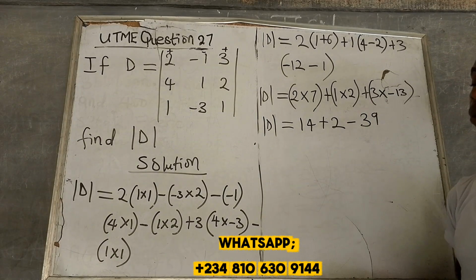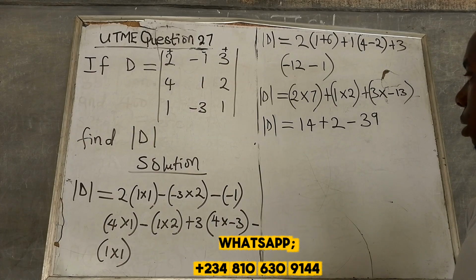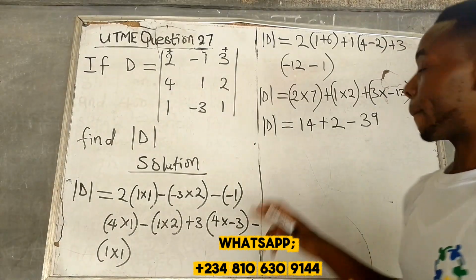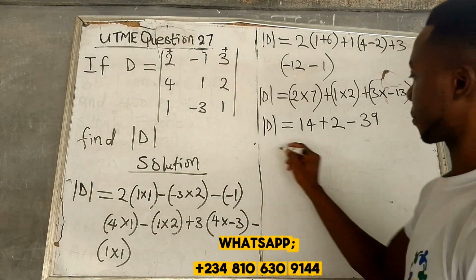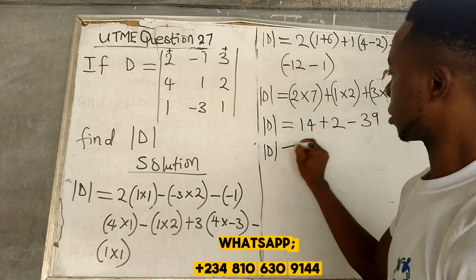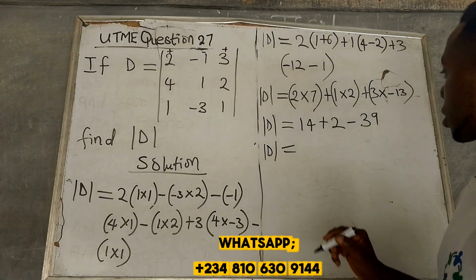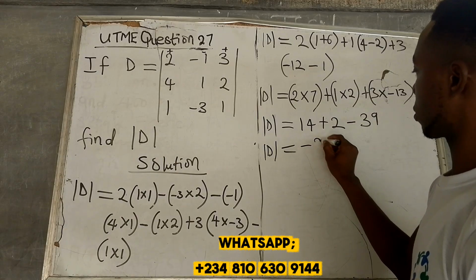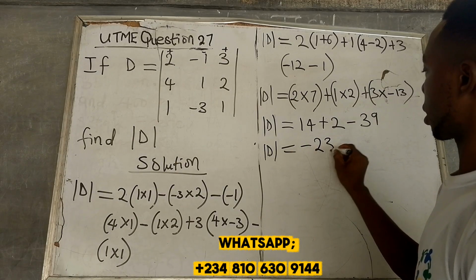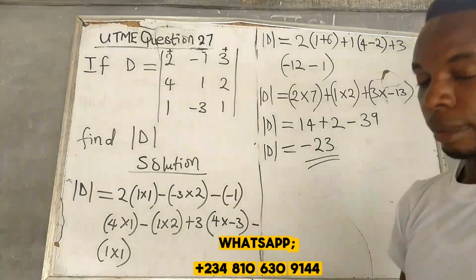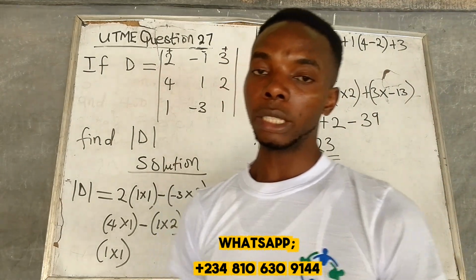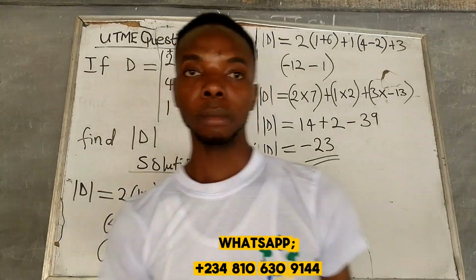And 14 plus 2 is 16. 16 minus 39. The determinant of D will be equal to 16 minus 39. That will give us minus 23. So the answer is minus 23. As you can see, this question is actually very simple.